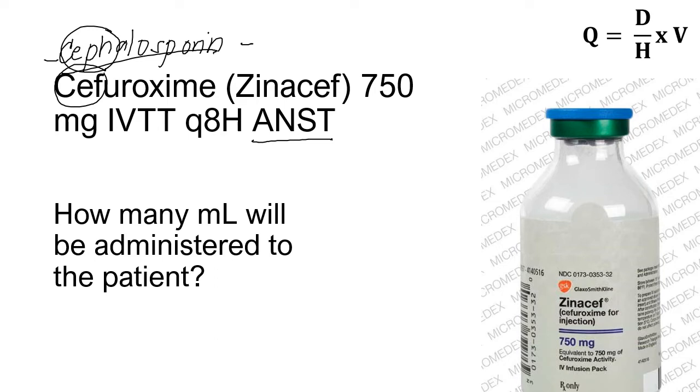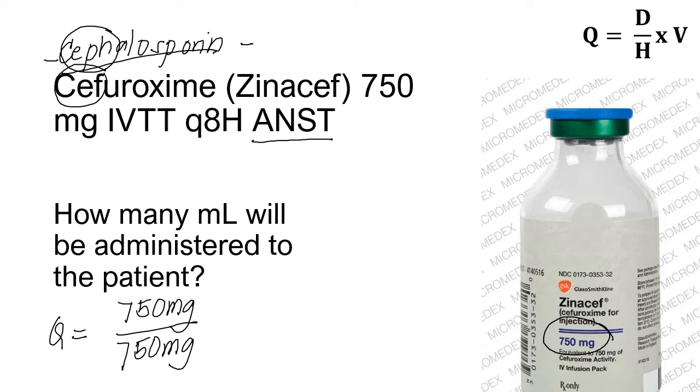In this case, we would need to compute. The desired dose is 750 milligrams. The dose available at hand is 750 milligrams. And what will be the vehicle? In this case, dear learners, it is usual practice in the hospital setting that a vial of medication is diluted in 10 ml of sterile water.